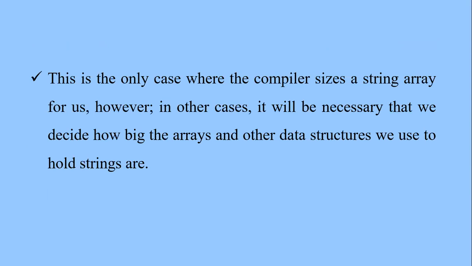This is the only case where the compiler sizes a string array for us. However, in other cases, it will be necessary that we decide how big the arrays and other data structures we use to hold strings are or will be.